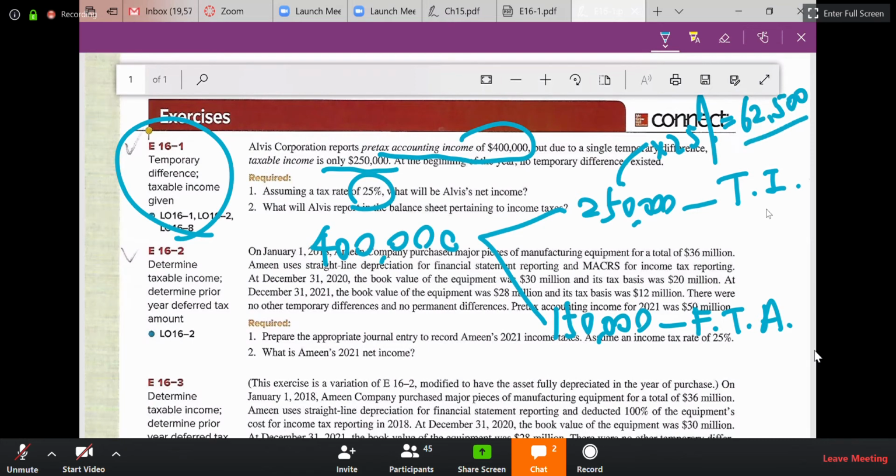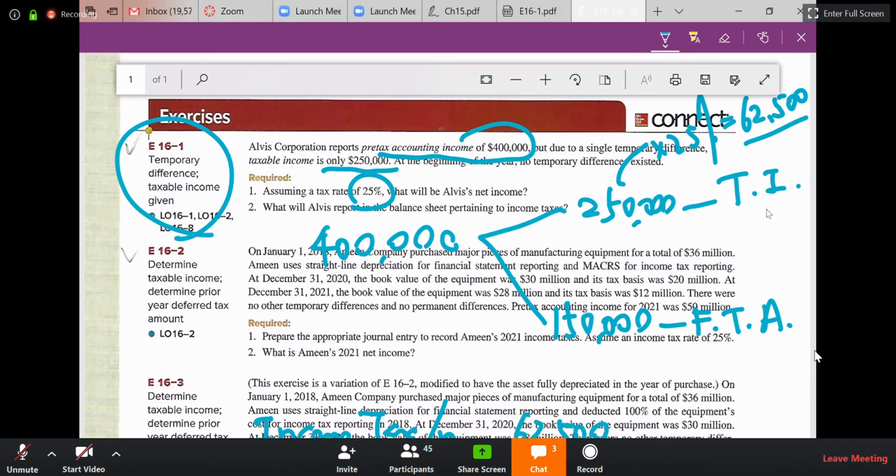This is the so-called income tax payable. You need to pay tax, but it's going to be due in a couple of months. So you credit, let me write the journal here, income tax payable for 62,500. This is one of the liabilities.